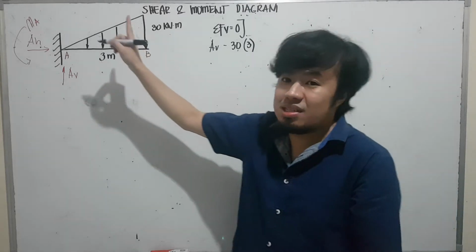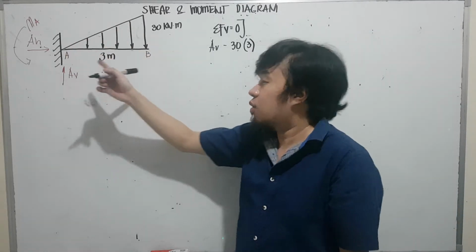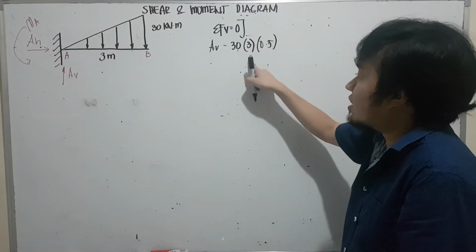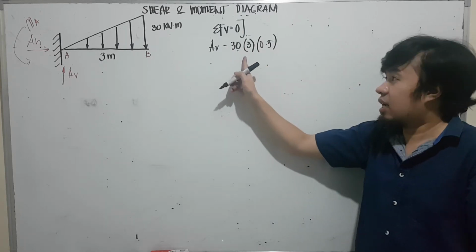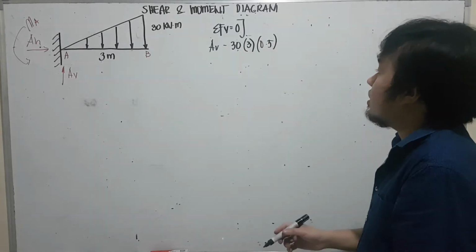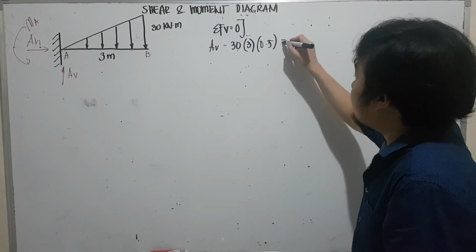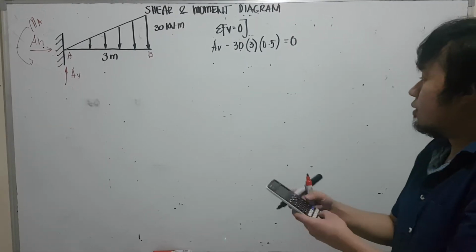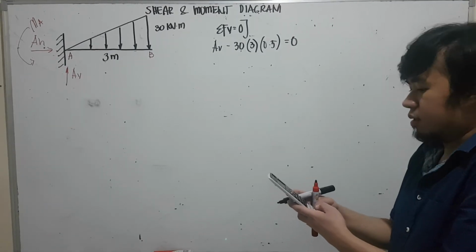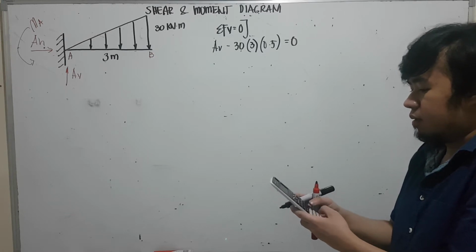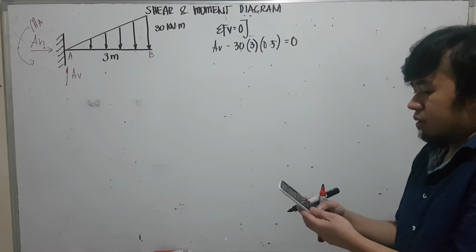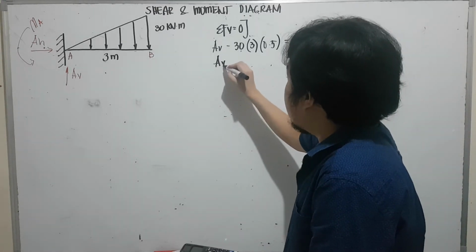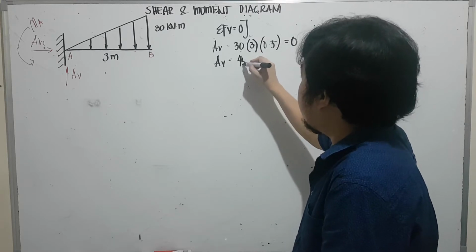And take note, since this is a triangular load, we multiply it by 0.5 because 30 times 3 is the area of a rectangle. So to make it a triangle, multiply it by 0.5, and that is equivalent to 0. So 30 times 3 times 0.5, A vertical is equivalent to 45 kilonewton.